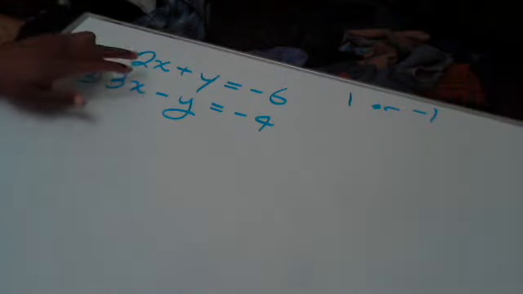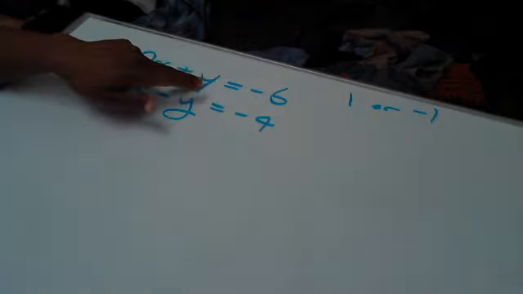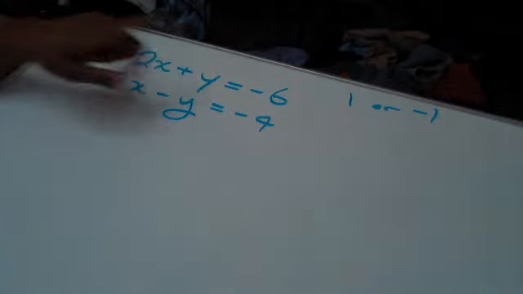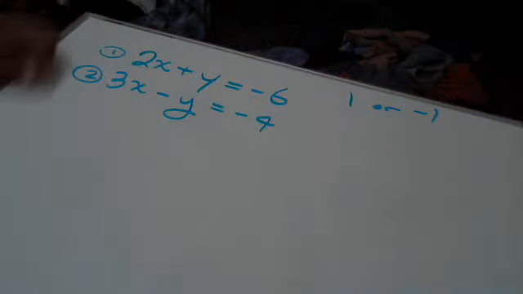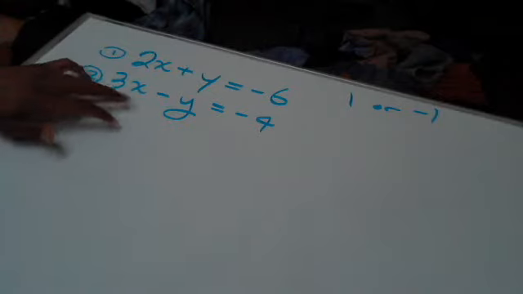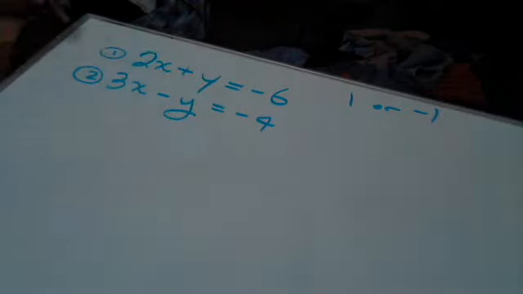If you look at our first equation, on our x, it has a coefficient of 2. That doesn't really work. But the y, you don't see any coefficient. It's understood to have a coefficient of 1, and actually it's a positive 1. So equation 1 is good. Equation 2, the coefficient for the x here is 3, and the coefficient for the y is negative 1. So what's best is equation 1 right here, because it has a coefficient of 1.